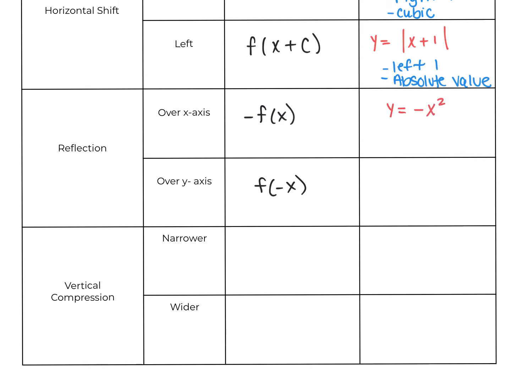I always like to use this one. So y equals negative x squared. You should remember that from algebra, right? If the negative is in front, then it's a sad parabola. So it would be a reflection over the x-axis, right? And the basic function is going to be quadratic.